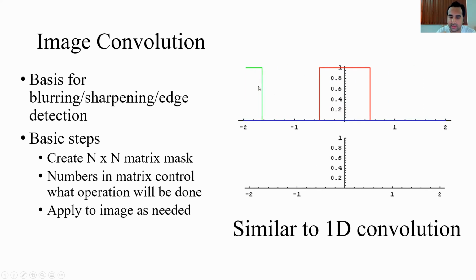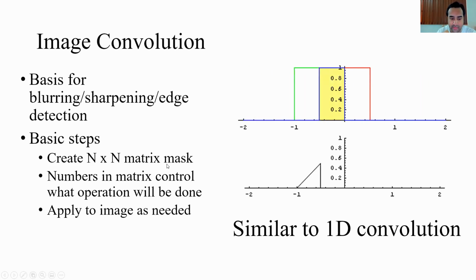So as the image passes through, this will be 1, and then this area increases until it's the same, and then it decreases as it spans over.